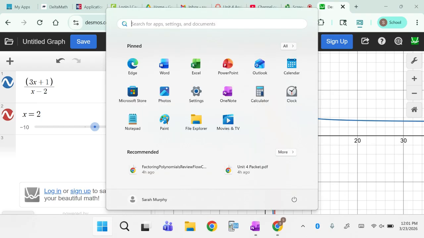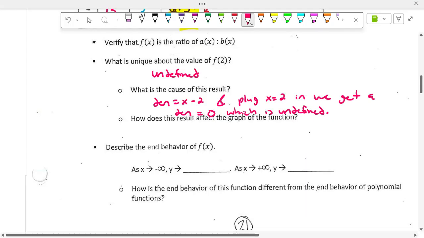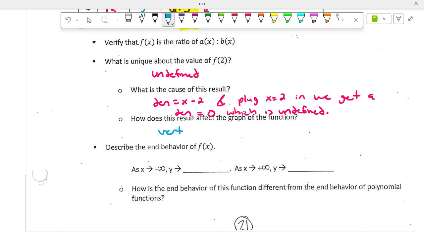It may look like it does, but that's because it gets to the thousandth of thousands of thousandths of a decimal place close to it. It'll get to 1.99999999999999999. It will never hit 2, ever. So what results is what we call a vertical asymptote.